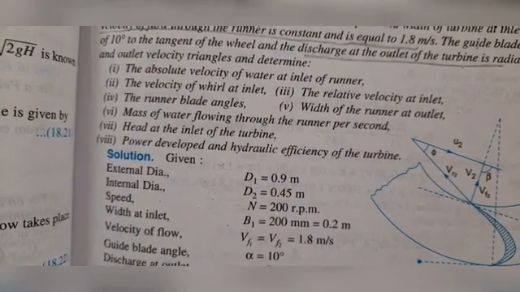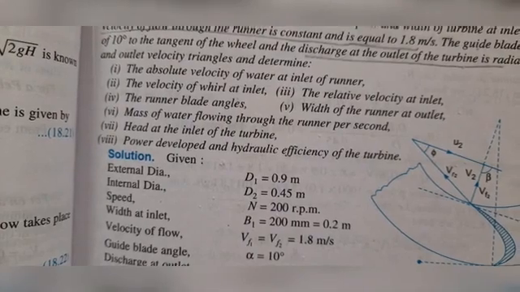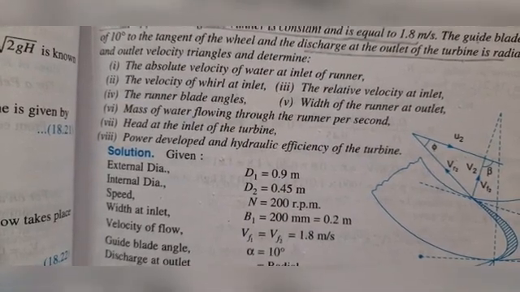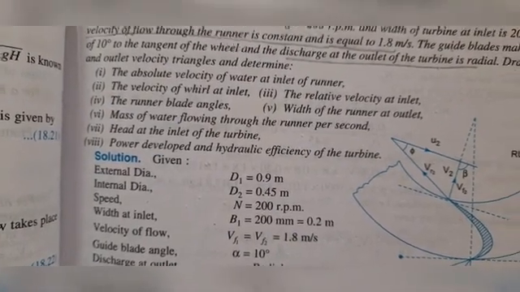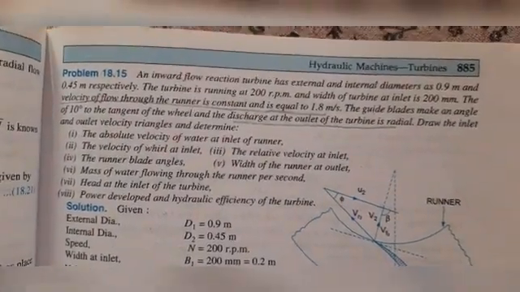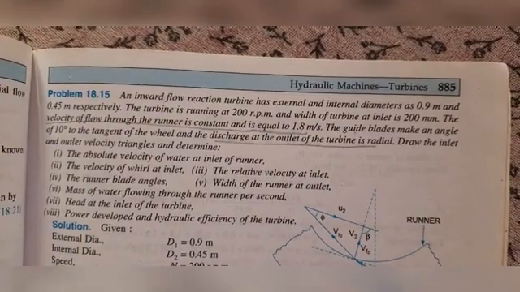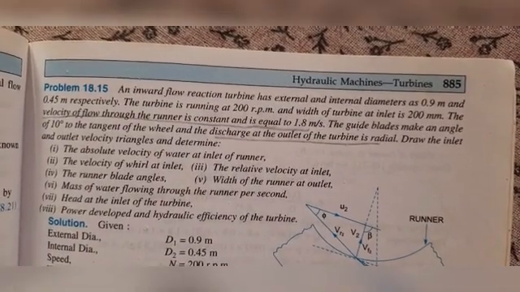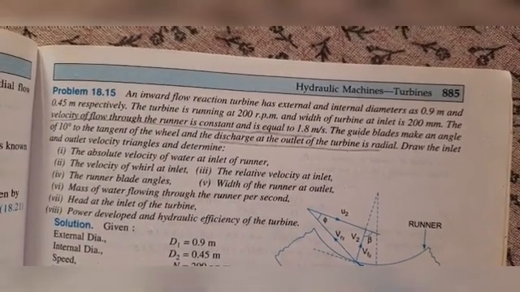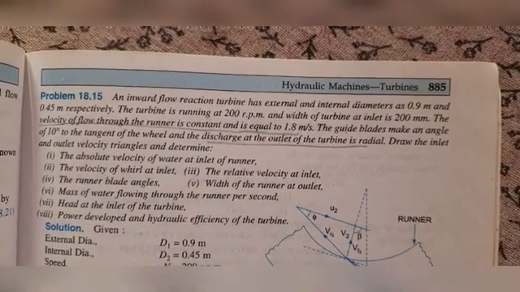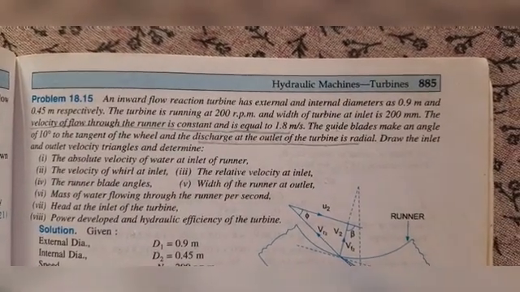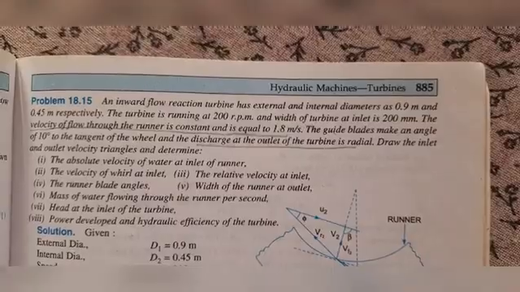Seventh, head at inlet of the turbine. Eighth, power developed and hydraulic efficiency of the turbine. If this question is asked in the exam, it will be for 13 or 16 marks. This is a long question.